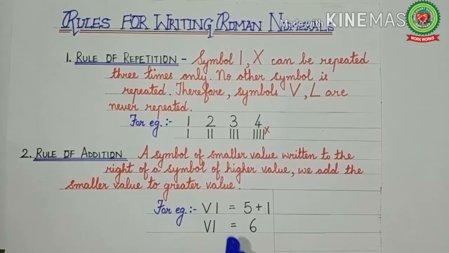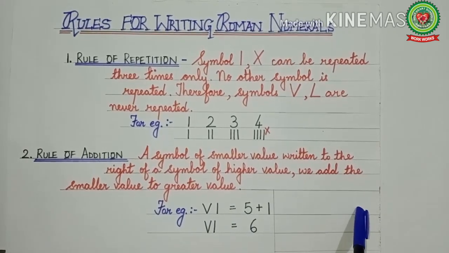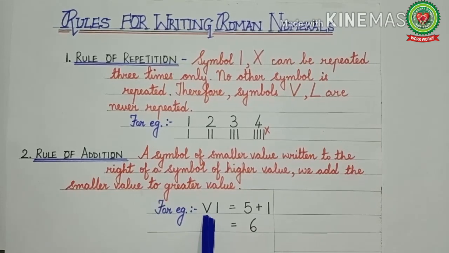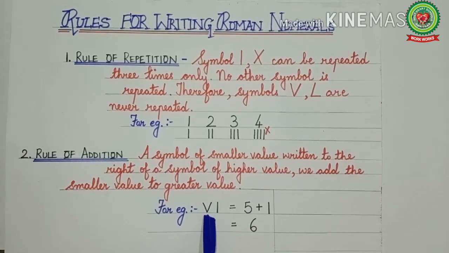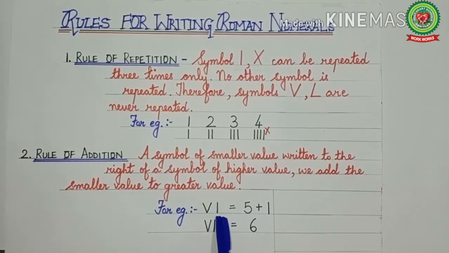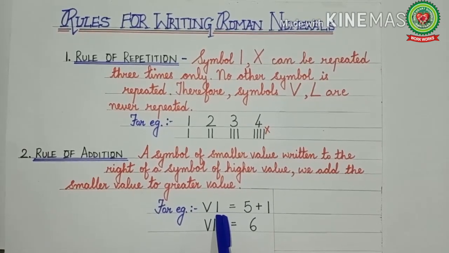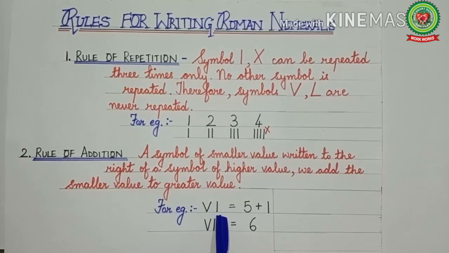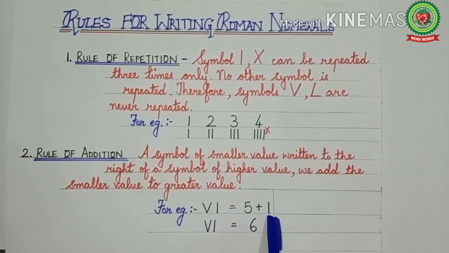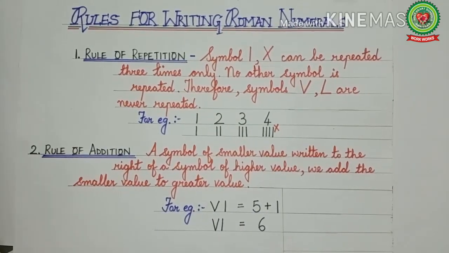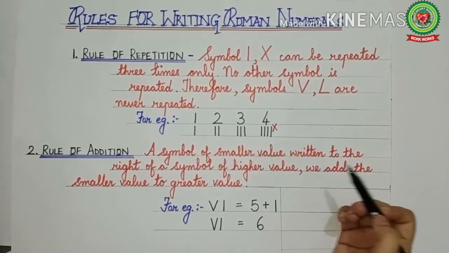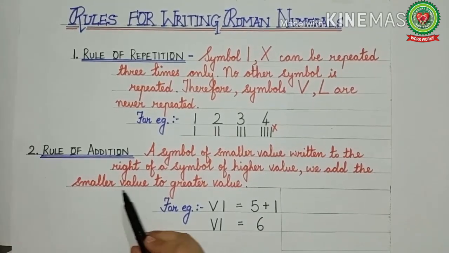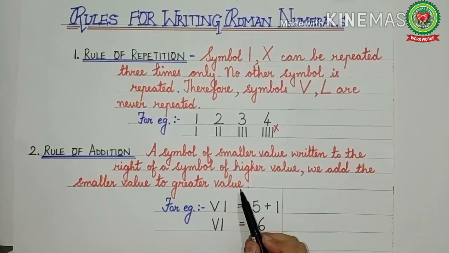Because we know 5 is written as V, and 1 is written as I. Now, 5 plus 1 is how much? 5 plus 1 is 6. What is the rule? We add the smaller value to the greater value.